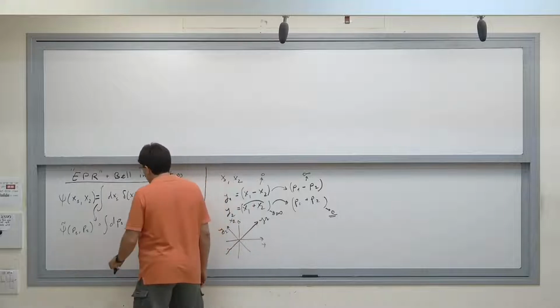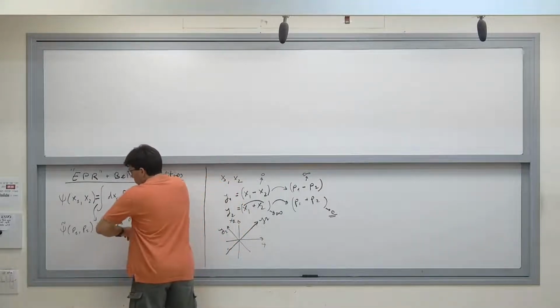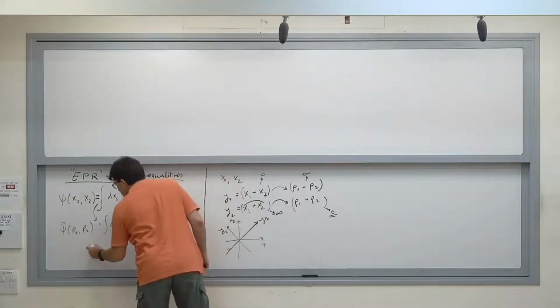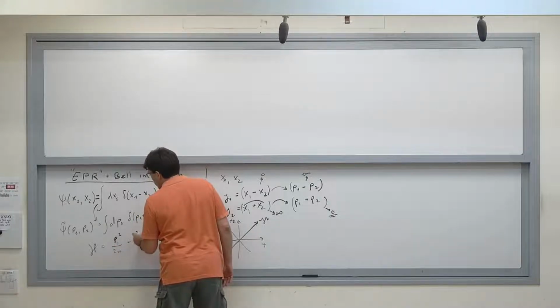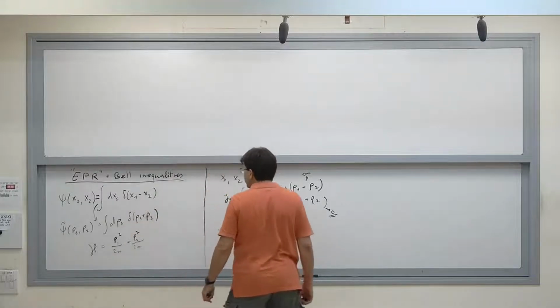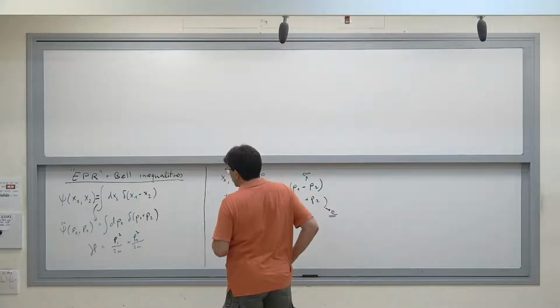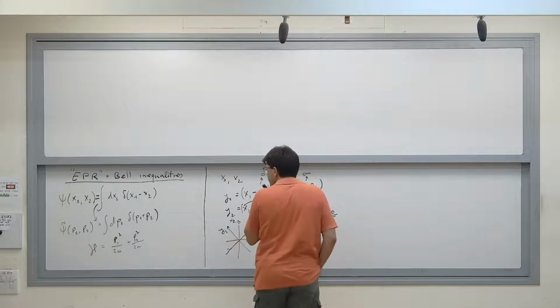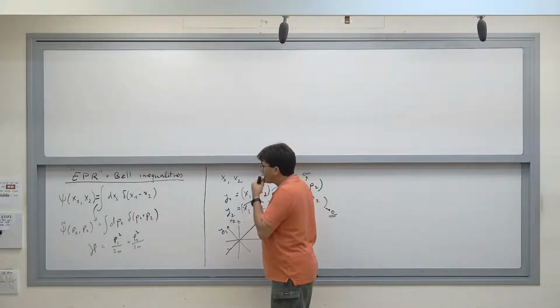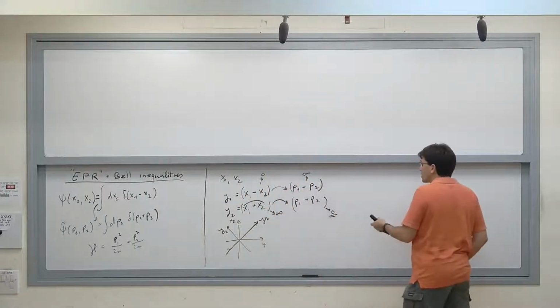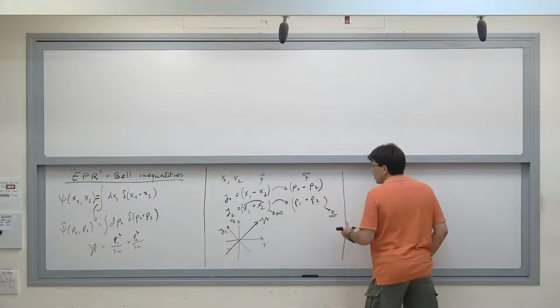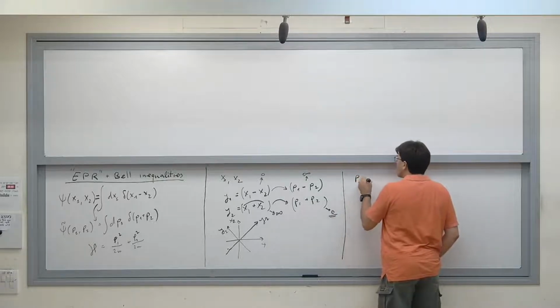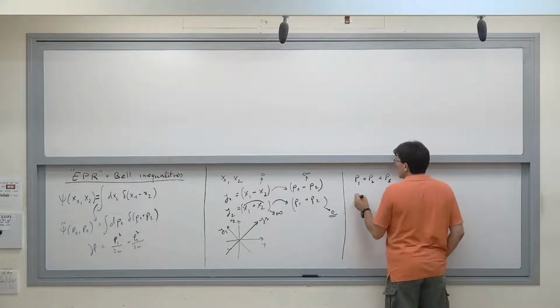Now, a quick reminder, if we think about two free particles, we have p1 squared over 2m plus p2 squared over 2m. Let's call p1 plus p2 equals ps, the sum, and p1 minus p2 equals pd, the difference.